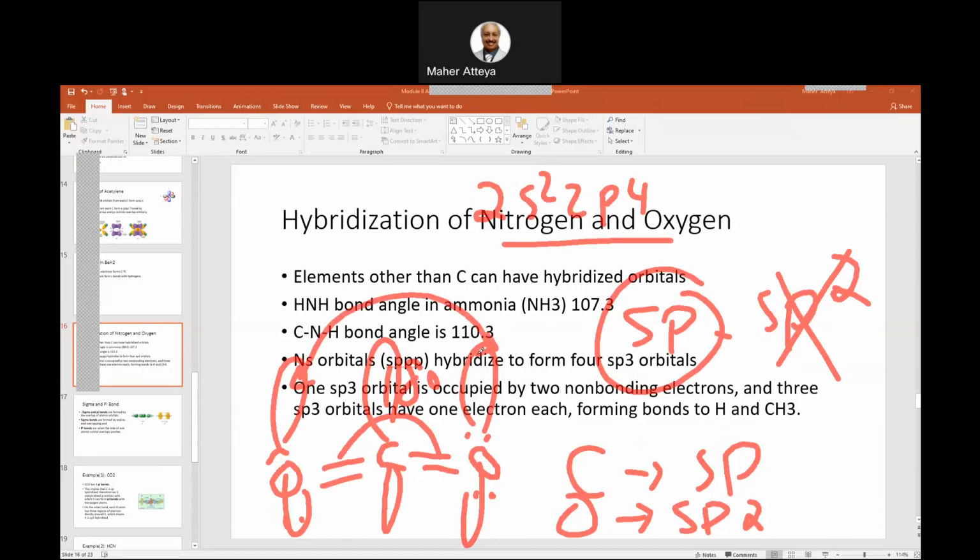So it will be sigma and pi between carbon and oxygen. So sigma is the carbon, and the oxygen will contribute with side-to-side overlap with its available p orbital, correct?